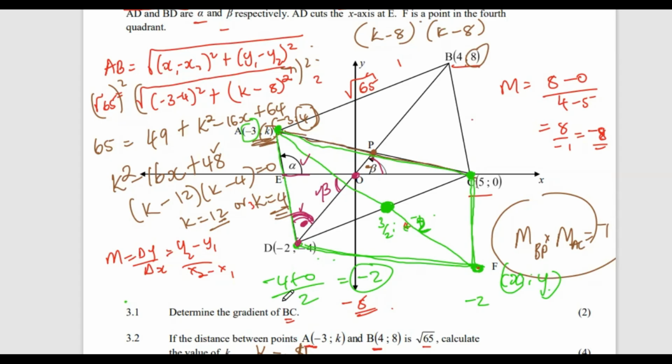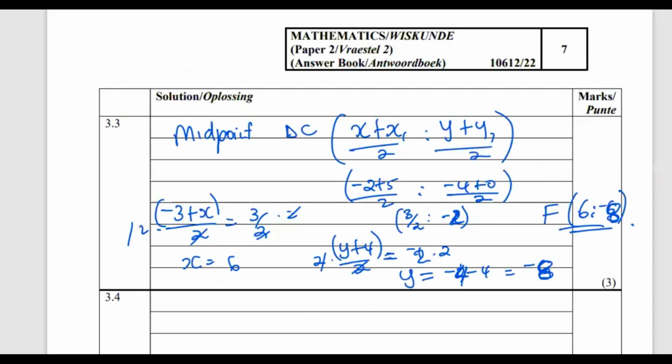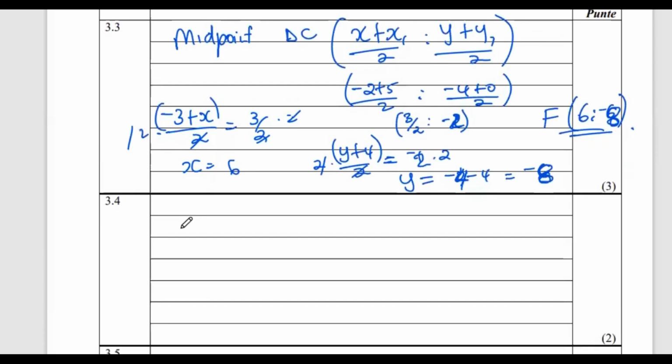So we got the gradient of BC, which was -8. But this gradient is the same as the gradient of AD. So let's use the inclination formula. M is equal to the tan of alpha.